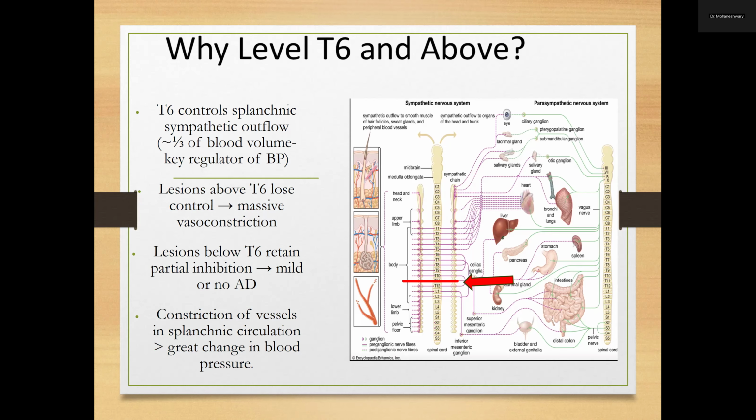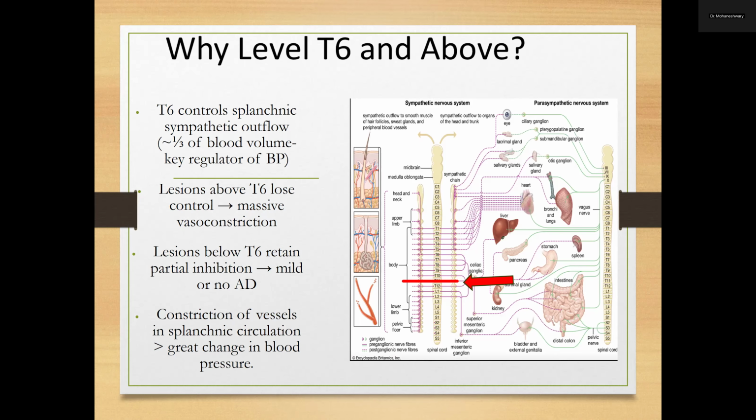So imagine when there's a lesion above T6, the patient loses control, leading to massive vasoconstriction and an increase in blood pressure. Whereas, as I mentioned earlier, some patients with lesions at T8 to T10 or T12 can have mild AD because of the lesser splanchnic system. They retain some partial inhibition, and this leads to mild AD, or many of them don't even experience AD.